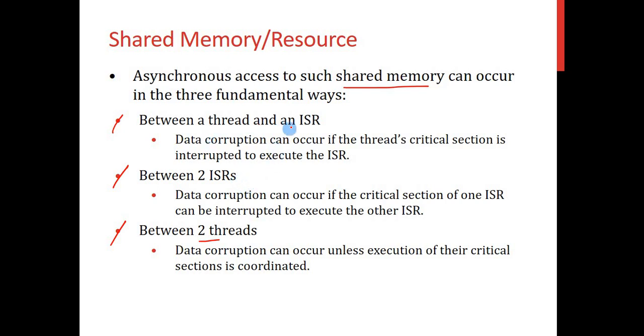Within a thread and ISR, I can disable the interrupt to protect. Between two ISRs, that means you have one ISR being preempted by another ISR, so I can disable nested interrupts, so only one interrupt can happen at a time. The issue that we are more concerned with is between two threads, because in the OS context, this is the scenario that most often occurs.